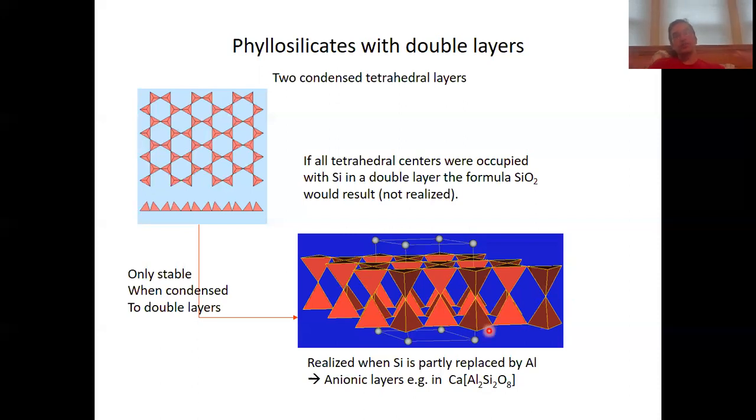And then that negative charge will need to be counterbalanced by cations that are in between the layers. Okay? And that's realized in the compound CaAl2Si2O8. Okay, you can see that now 50% of the silicons have been replaced by aluminums. Okay, the respective negative charges, which are overall 2, because we have two aluminums here in that partial structure, are compensated by a calcium 2+ ion. And these calcium 2+ ions, as you can see here, are placed in between the layers.